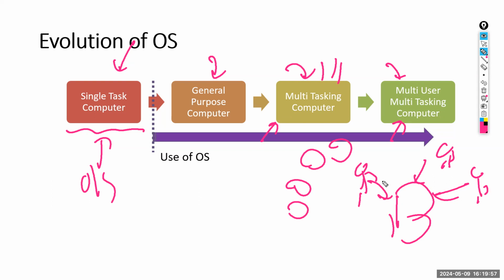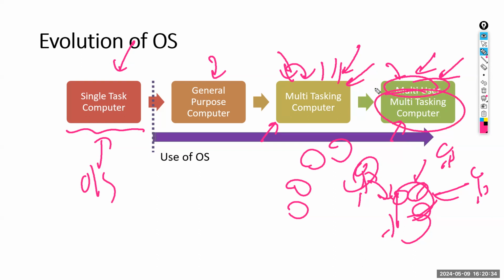For example, when you use your smartphone, that is obviously multitasking, but it's single user multitasking. Most of the time when you use your Windows or Mac computers, they are single user multitasking. But there are operating systems that support multi-user multitasking as well. Multi-user multitasking means at a time, multiple users log into the same computer and run different programs. That makes the need of operating system even more important.